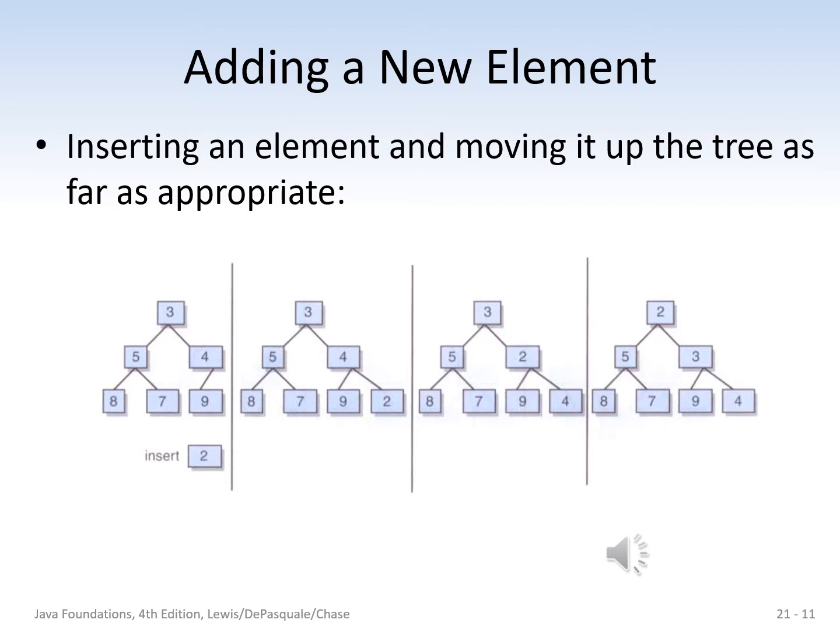So in the example on the left, we're going to insert the 2 as a leaf whose parent will be 4. And then, since this is a min heap, and 2 is less than its parent, those will be swapped.